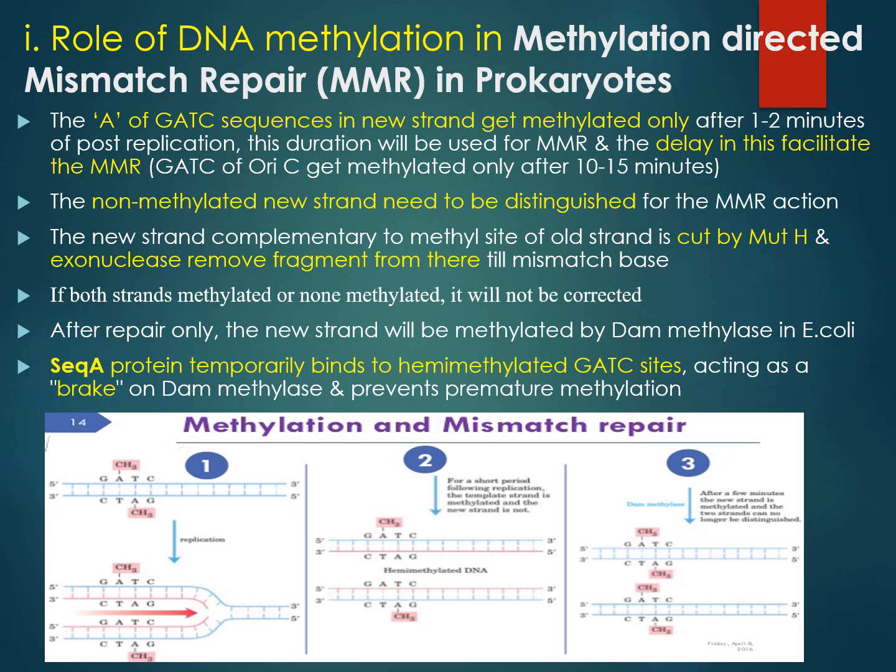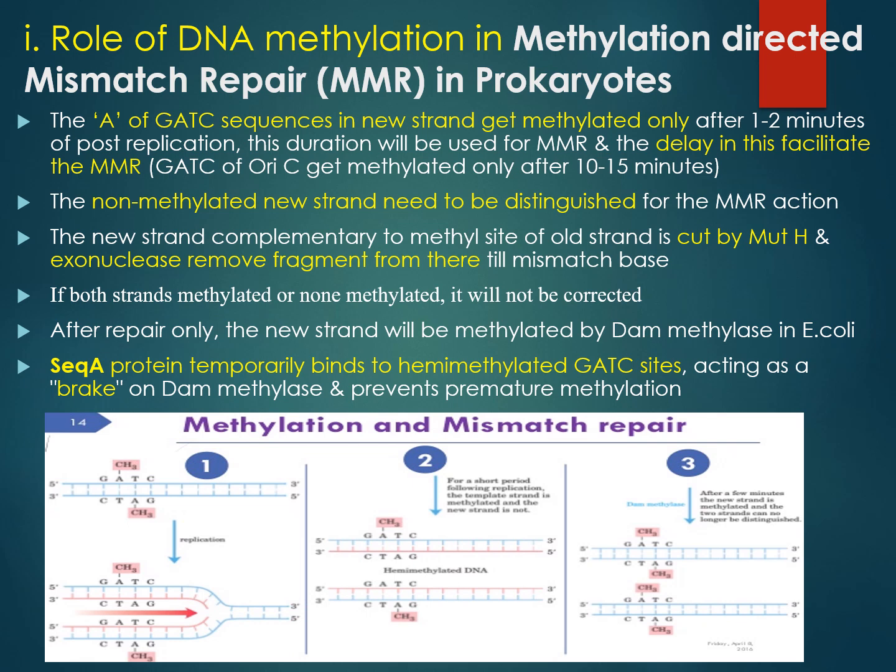In prokaryotes, there is a crucial role for this DNA methylation in the repair that I am going to explain. As I mentioned, the A of the GATC sequence in the new strand gets methylated only 1 to 2 minutes post replication. So this period is very, very crucial.